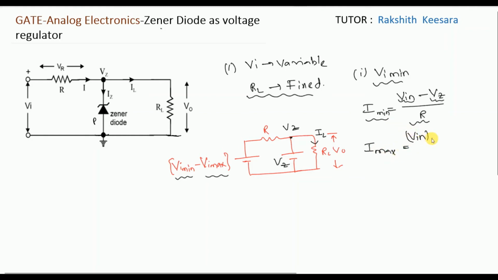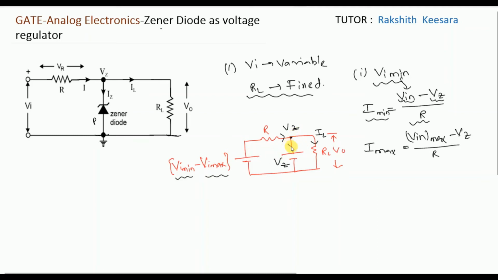V input maximum minus Vz by R. Since Vz and R are constant, if V input is minimum, current I will be minimum. If V input is maximum, current I will be maximum. What is the first point? Load current is constant, and minimum and maximum current depend upon the input voltage.